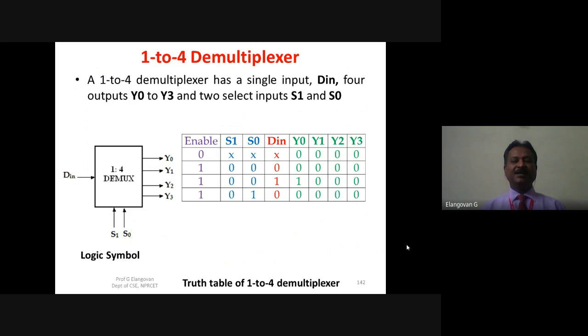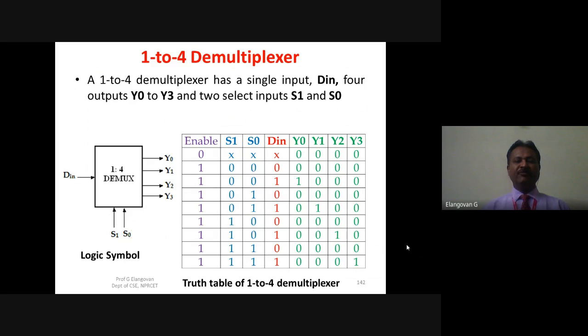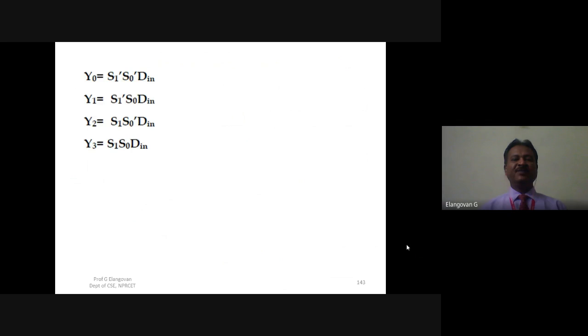Similarly, if they are 0, 1, what is given in D in appears in Y1. If it is 0, it gets 0. If it is 1, Y1 gets 1. Similarly, if S0 and S1 are 1, 0 and D in is 0, the output will be 0. If it is 1, then Y2 will receive 1. In such a way, any one of the outputs is going to be active.